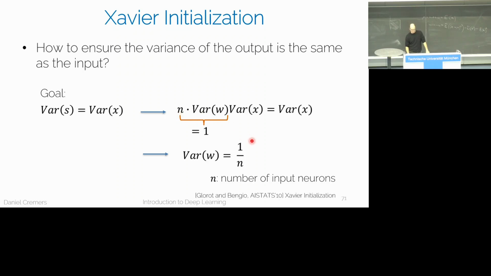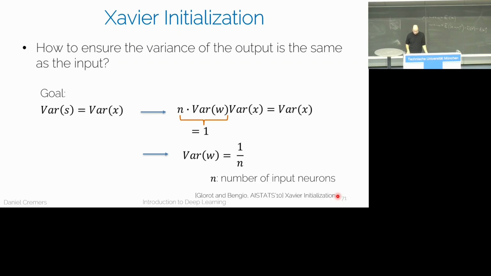That's what comes out, right? And that also is not surprising. If I double the number of neurons, the number of weights that enter my sum, then each should have half the variance, right? That is a good indicator for how to choose the weights in each layer, namely 1 over n, where n is the number of neurons in that layer.